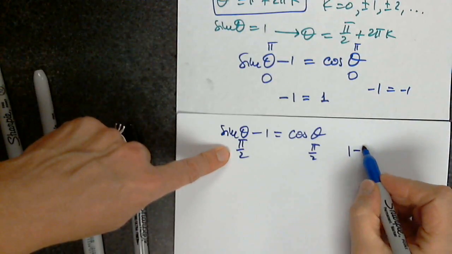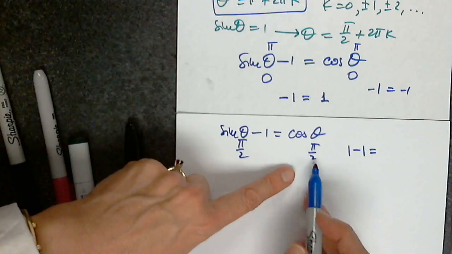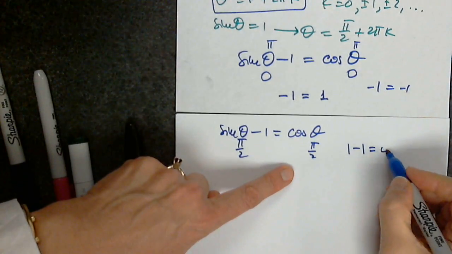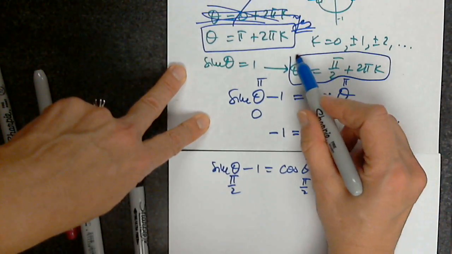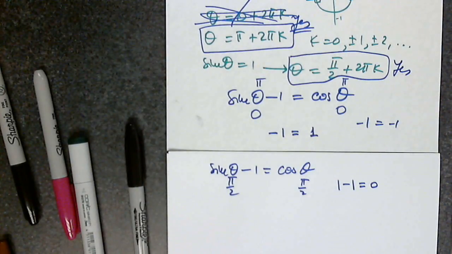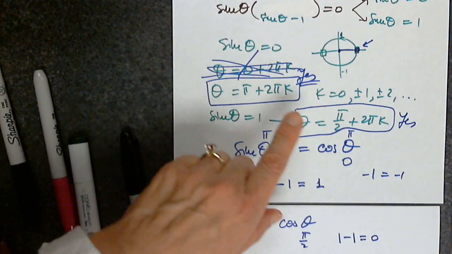So the left-hand side is 1 minus 1. Cosine pi over 2: how much is the x value here? 0. Is this true? Yes. So these are the only two solutions. Well, infinitely many because of k, but these are the only two options: pi and pi over 2.